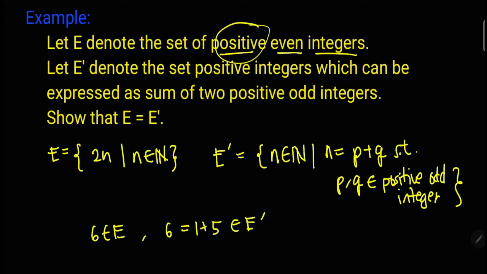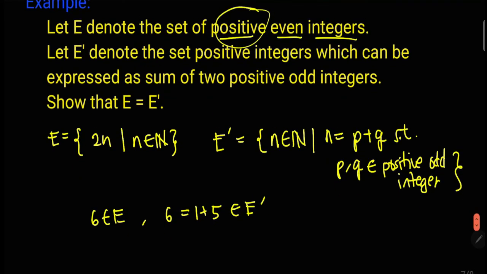So, we have an example here where an element in E is also an element of E prime. Now, of course, this is not yet the proof. We are just establishing the property of E and E prime.